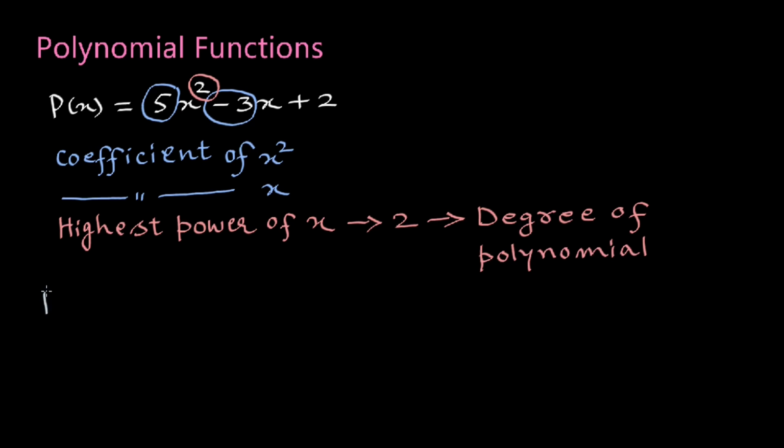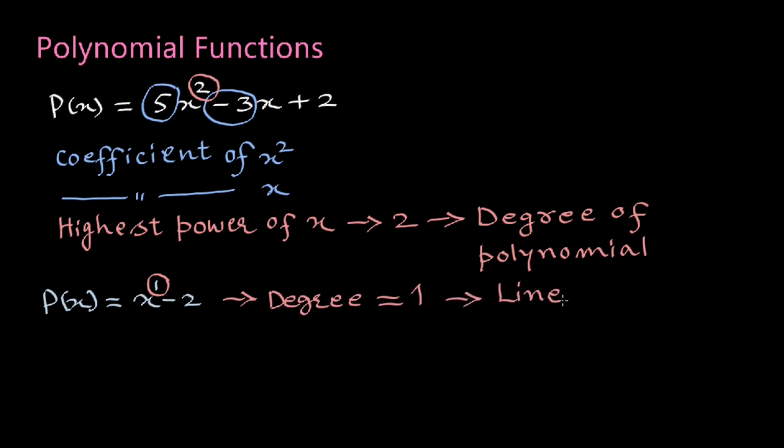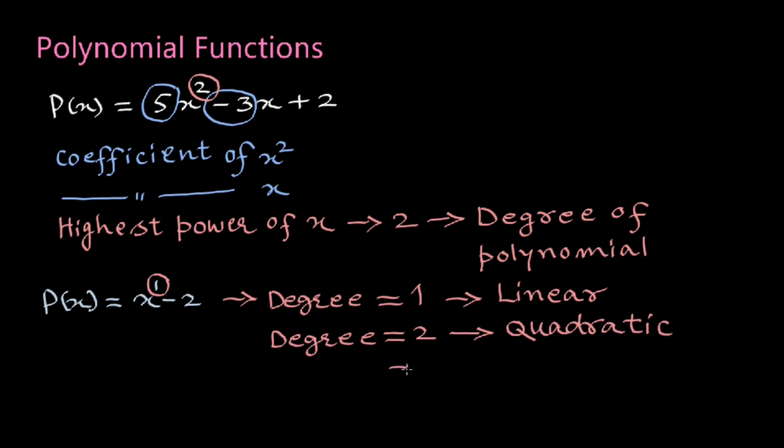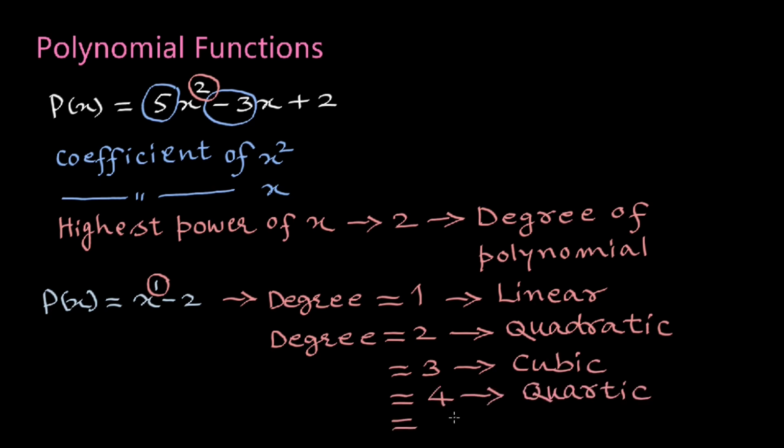In polynomial p(x) equals x minus 2, the highest power is 1, so its degree is 1 and it is also called linear polynomial. When the degree is 2, it is called quadratic polynomial. For degree 3, it is called cubic polynomial. For degree 4, it is quartic, and for degree 5, it is quintic, etc.